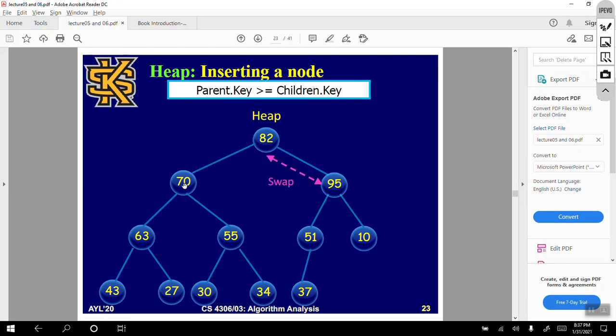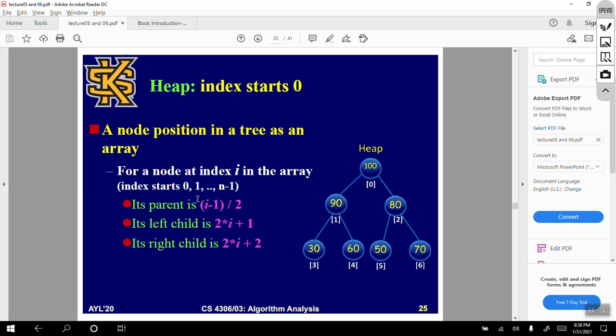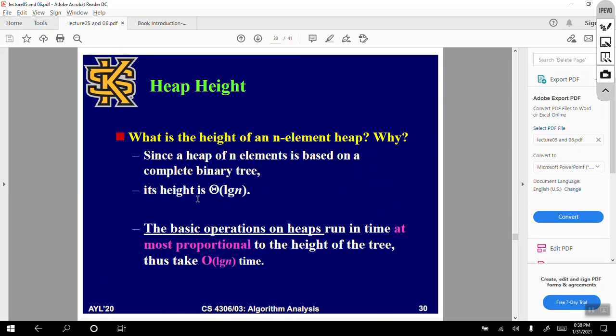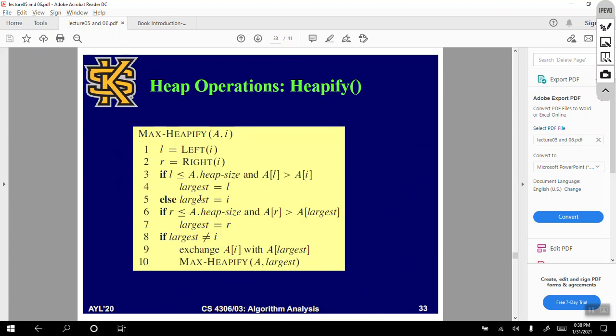Whenever a value comes down here, we check it against its children, and if it is smaller, we swap again. So this is the process. Exchange means swapping, and max Heapify is called recursively. This is a recursive process.